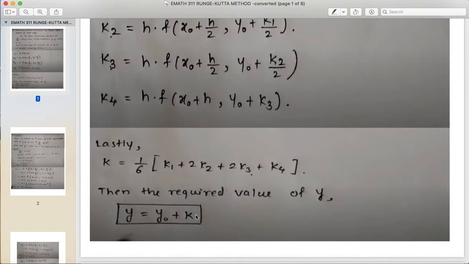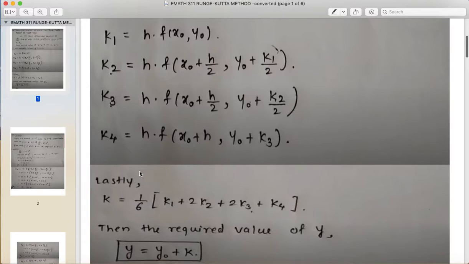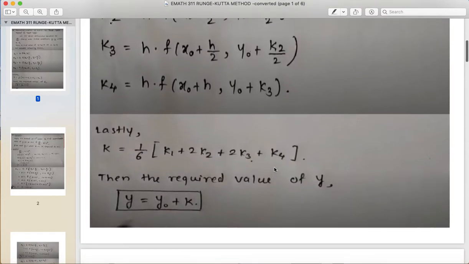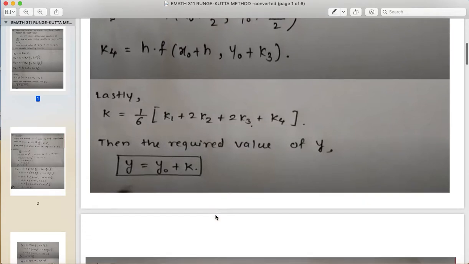We are given y naught, and k we find in this form from the previous equation.